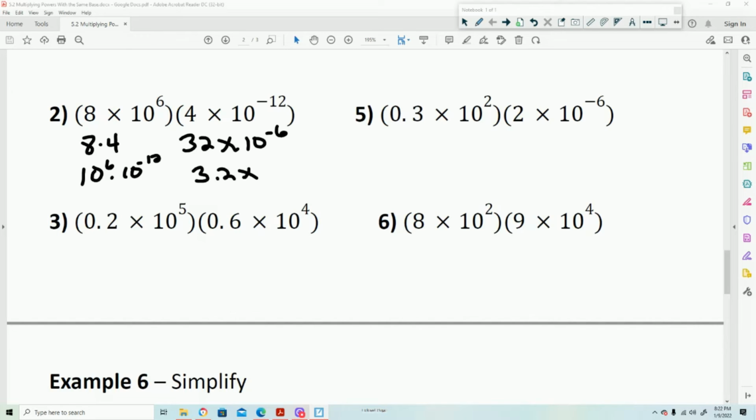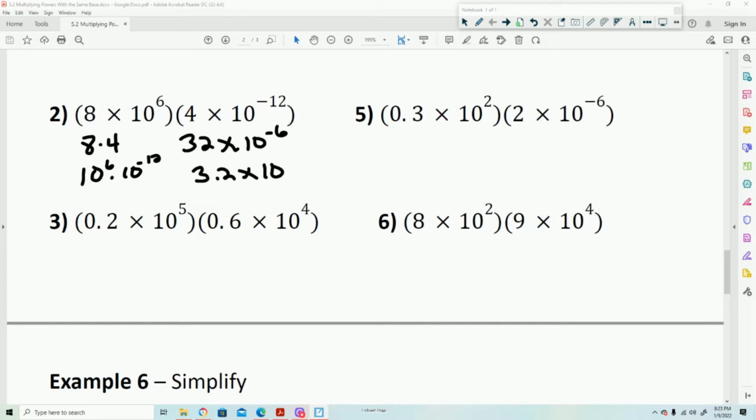Okay? Now, to fix that, I can't just make that change and keep that exponent the same. The exponent is telling someone how many times the decimal's moved. Well, if I move it another place, I have to change that exponent. So basically, you have to balance it out. And the way I get people to think of it, if I make this number smaller, to get the same answer when I multiply, I have to make the exponent larger.